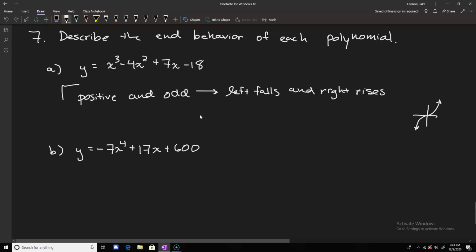So another way to say this is as x goes to negative infinity, then y also goes to negative infinity. So that's the left side falls. And what about right rises? That means as x goes to positive infinity, then y also goes to positive infinity.